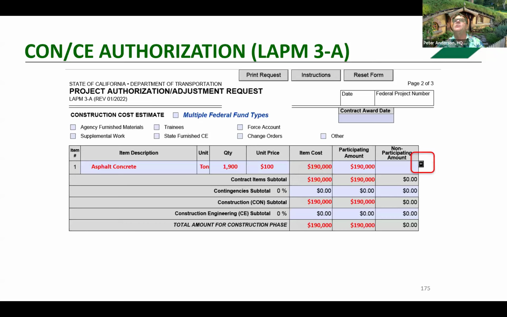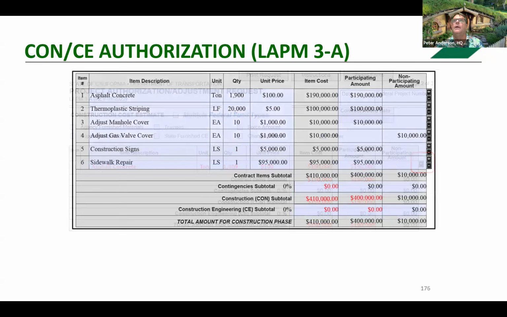To add additional lines, you click on the little black box with a little plus sign, and I'll add lines. But I've simply completed the estimate to speed things along. You'll notice that we have a non-participating utility item that's associated with the gas valve covers.